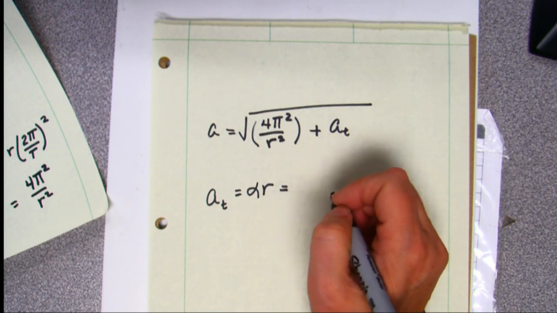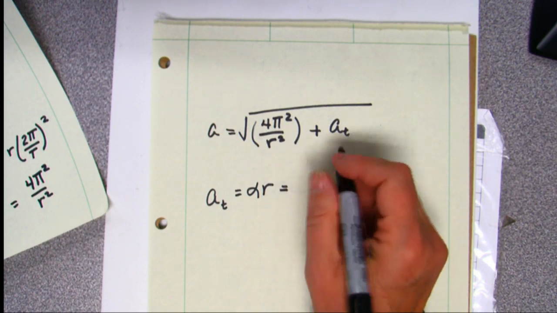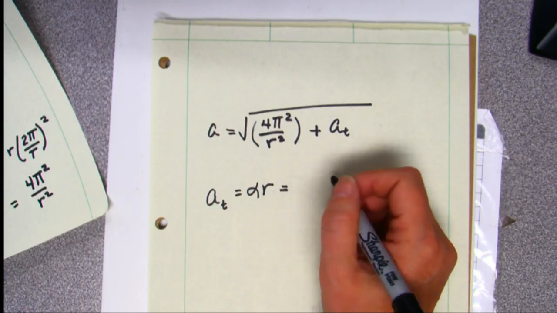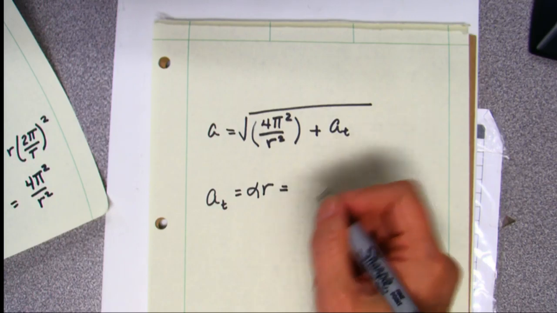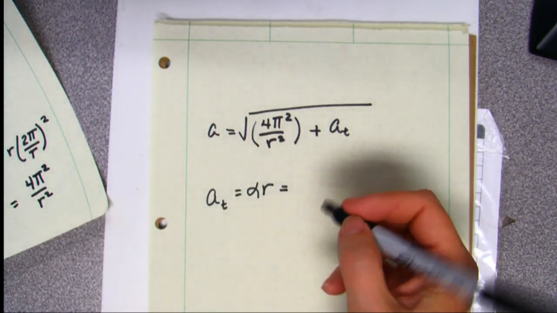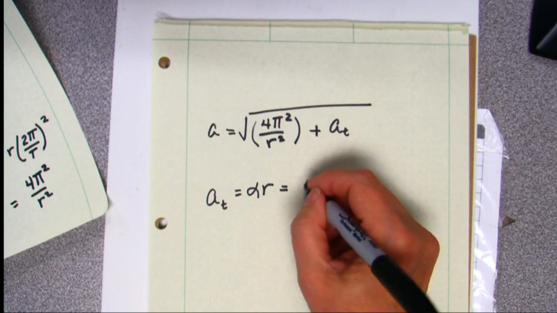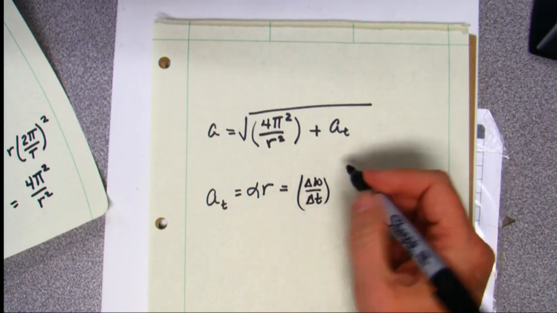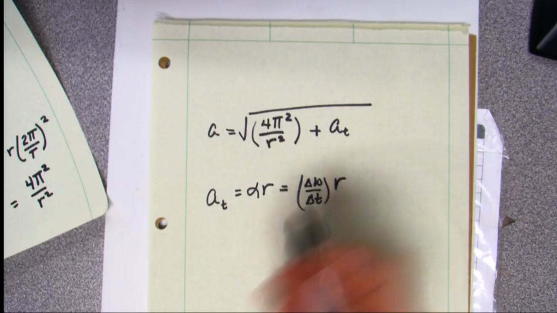And if I look at my alpha r, remember alpha is going to equal my change in omega with respect to time, and that's times r.